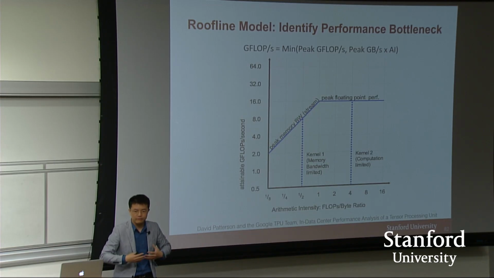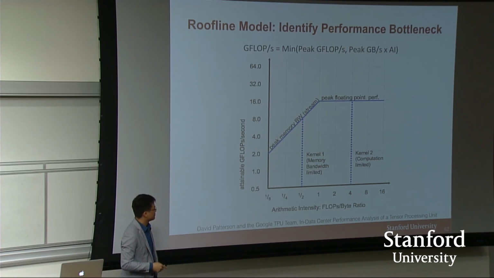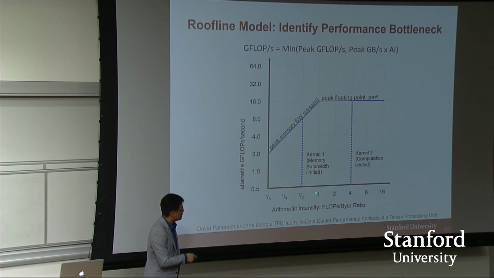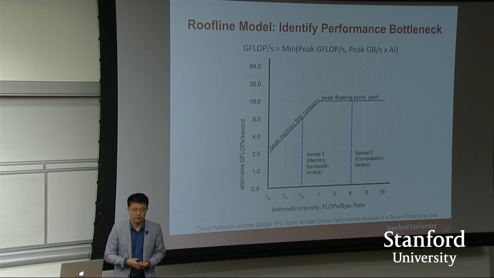So how much you can fetch from the memory determines how much real performance you can get. And remember, there is a ratio when it is 1 here. This region, which happens to be the same as the turning point, is the actual memory bandwidth of your system.